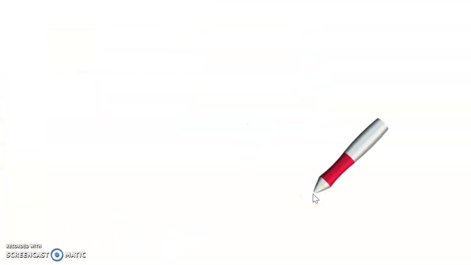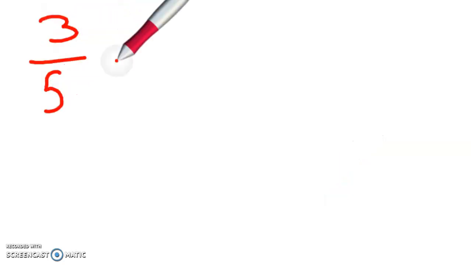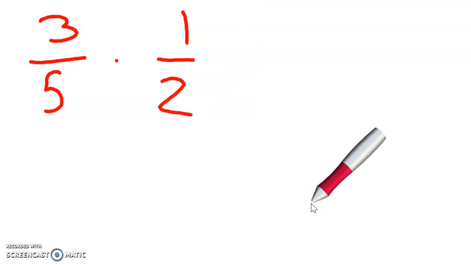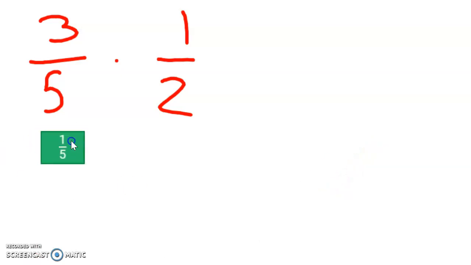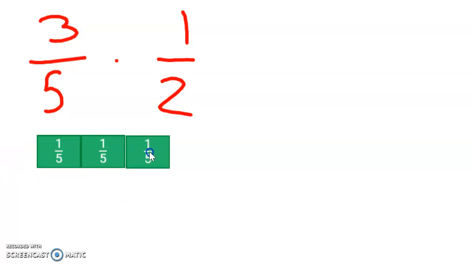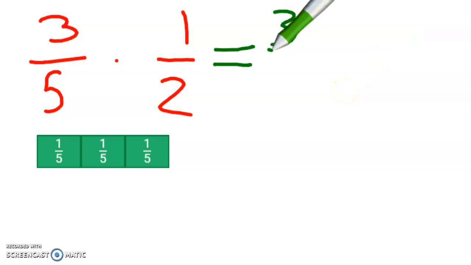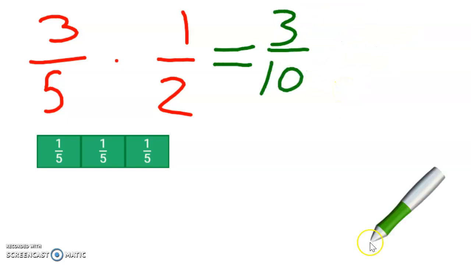Okay, we're back. So we're going to do 3/5 times 1/2. And whenever we're multiplying by 1/2, it's the same as dividing it into 2. So we're going to take our 3/5 and we're going to take half of each of these. So when we do it across here, it will be 3 times 1 will give us 3, and 5 times 2 is going to give us 10.